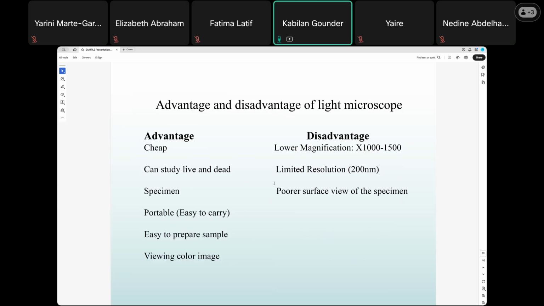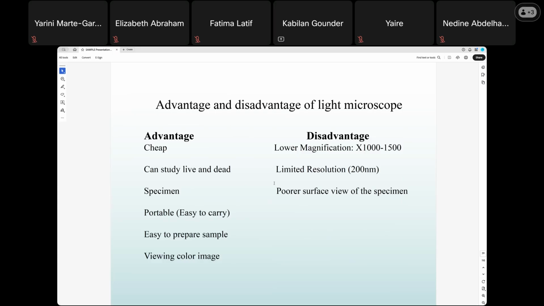But the disadvantage with this is the magnification. As I mentioned earlier, if you go higher than 1,000 times, you will get diminished images and the quality is reduced, because of the resolution.